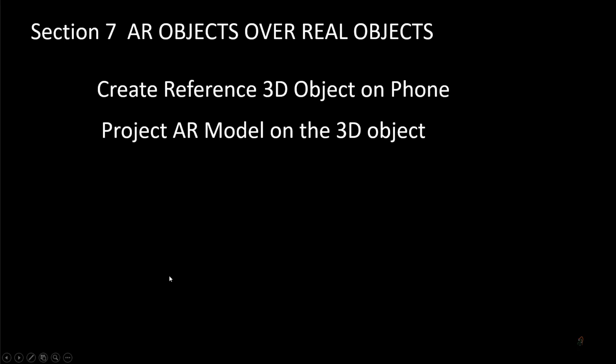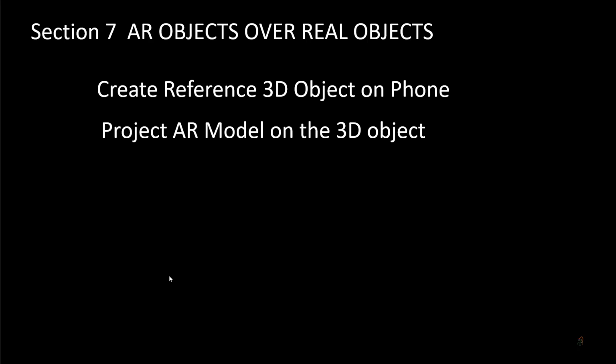Then in section 7 we are going to discuss superimposed AR. That is, for example, if you hold your phone in front of a human body, immediately you should get a model of the skeleton popping out of it, so that we can see how the skeleton is inside the body.